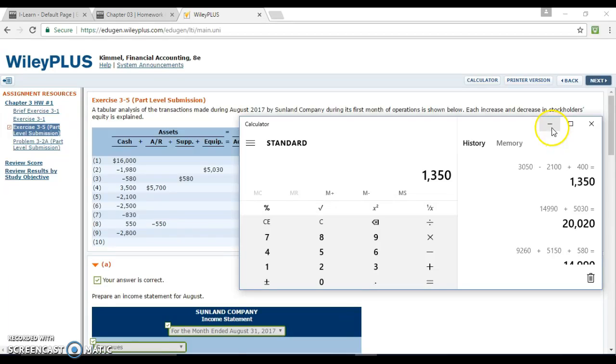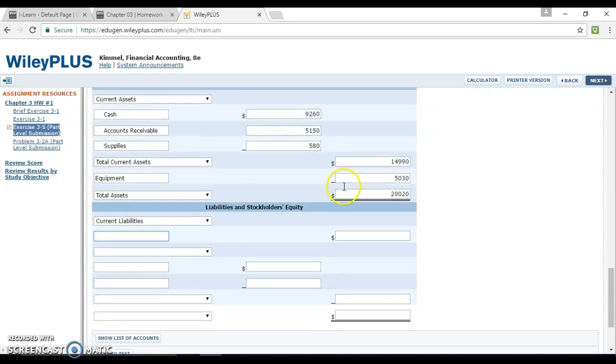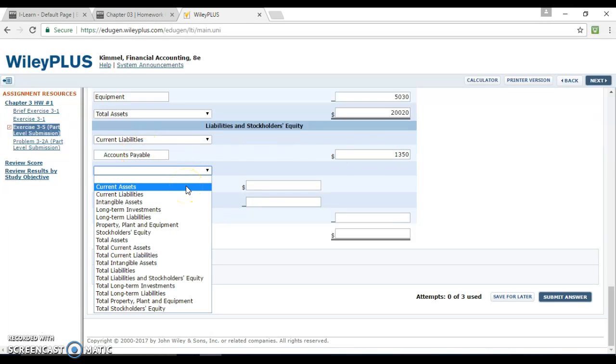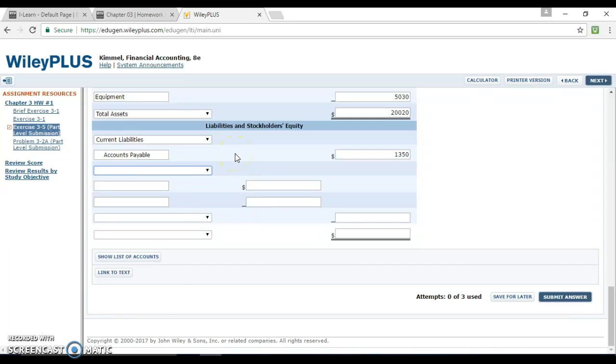So $1,350 in accounts payable. Okay, so accounts payable is the only liability that we have.